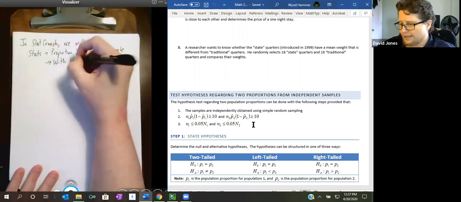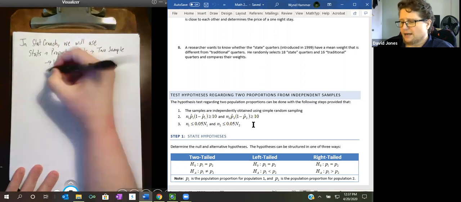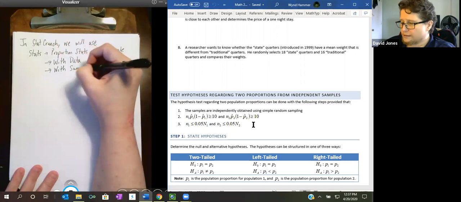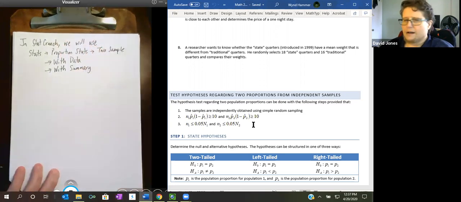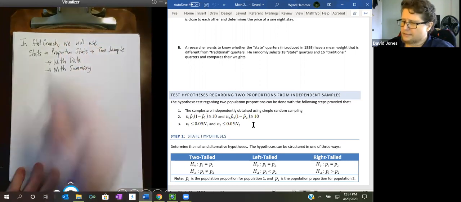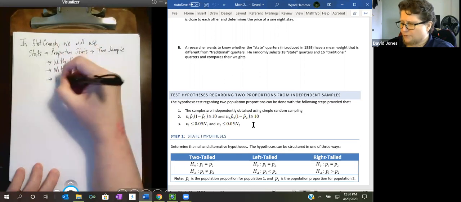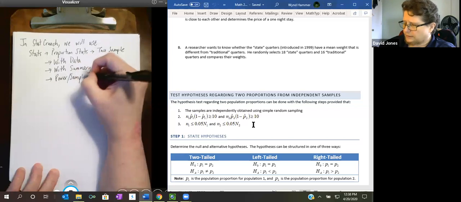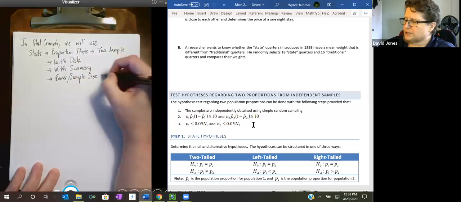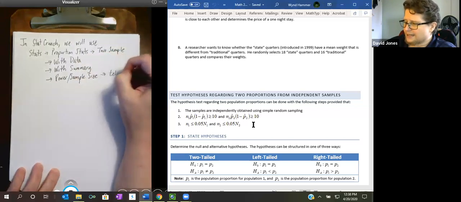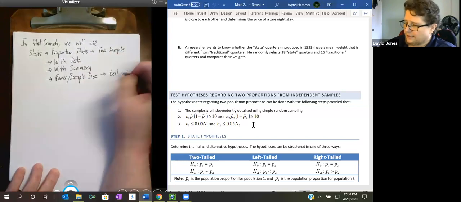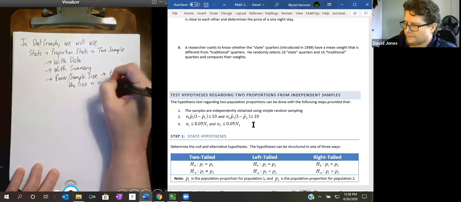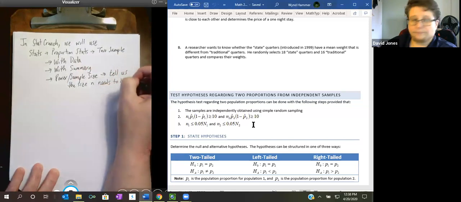This is with each individual entry. There's a good chance we'll do With Summary. This is normal. And Power Sample Size, we looked at this in one sample. This can tell us the size N needs to be. And we'll look at that, okay?